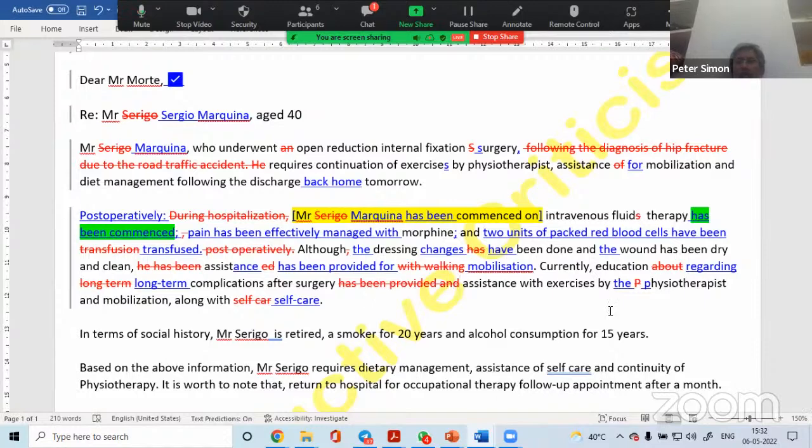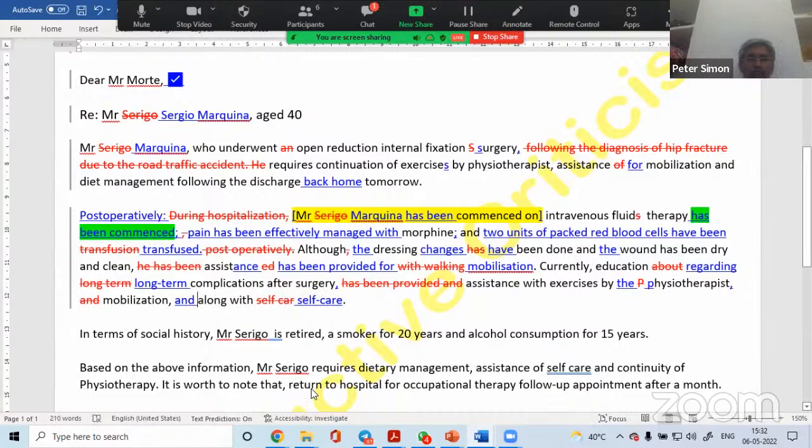Education regarding long-term complications after surgery, comma, assistance with exercises by the physiotherapist and mobilization. So here also comma, and here self-care have been provided. Here it should come.